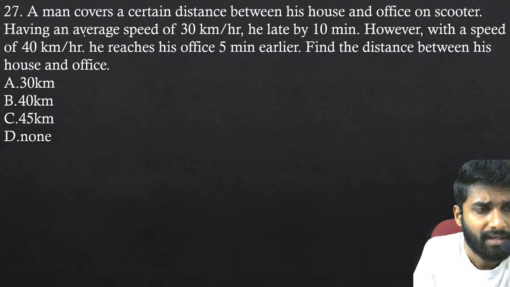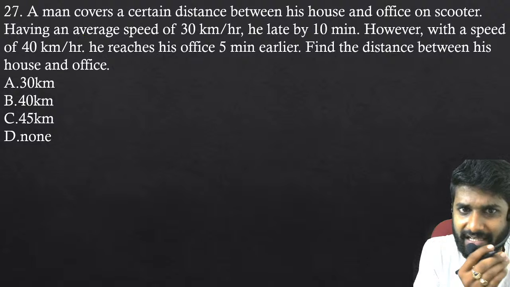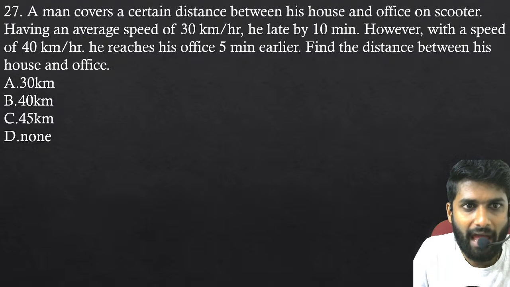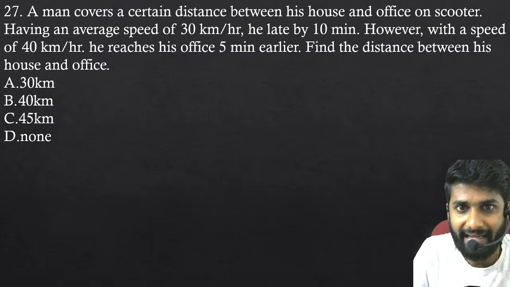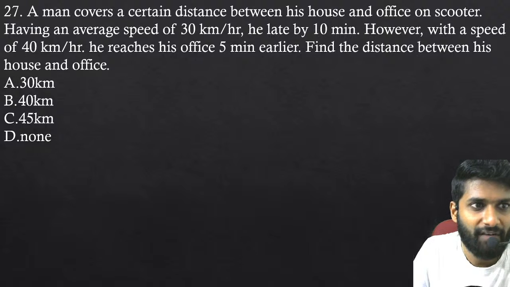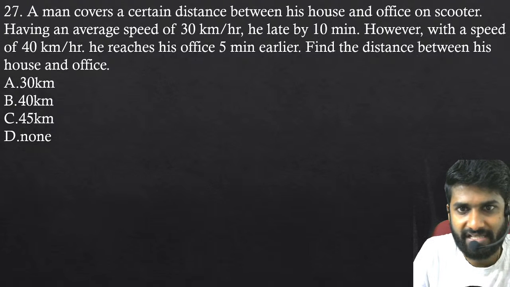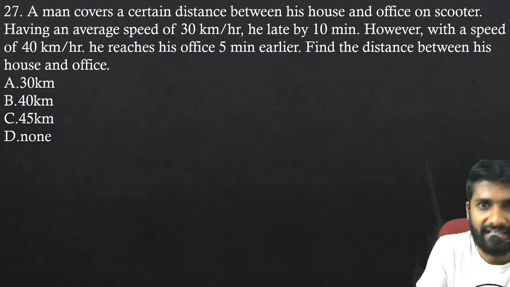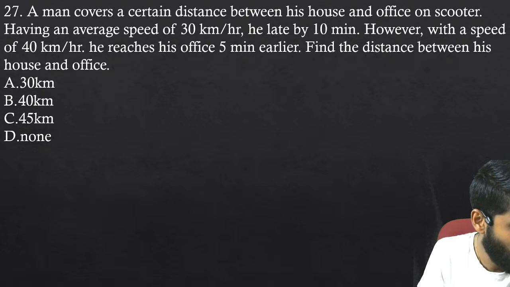See, a man covers a certain distance between his house and office on a scooter. Having an average speed of 30 km per hour, he is late by 10 minutes. However, with a speed of 40 km per hour, he reaches 5 minutes earlier. Find the distance between the house and the office.